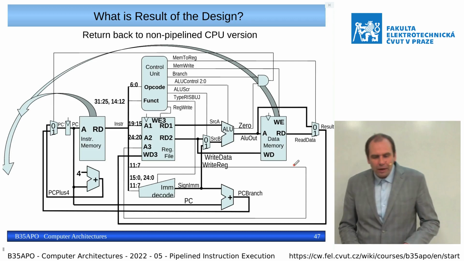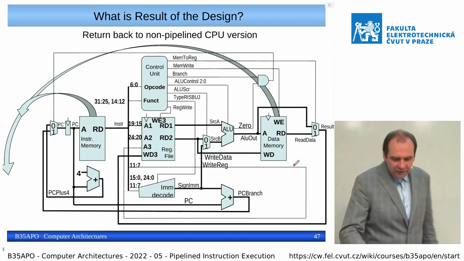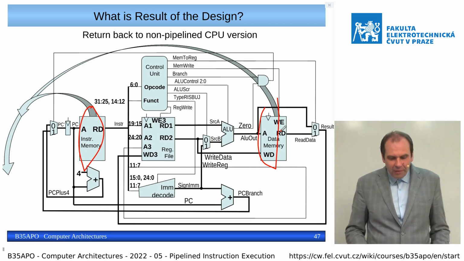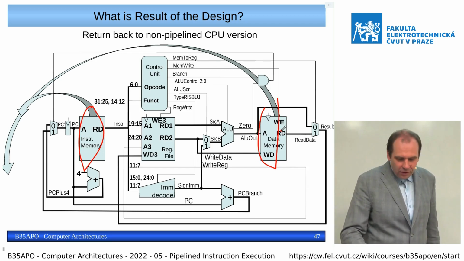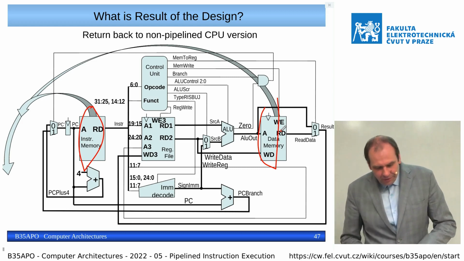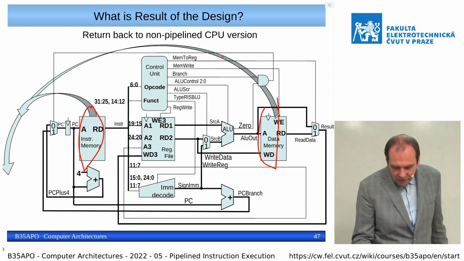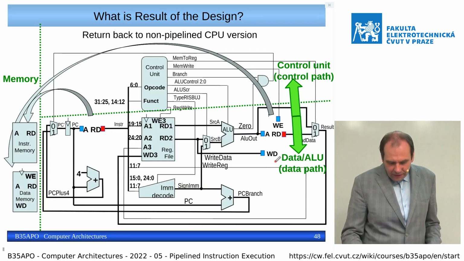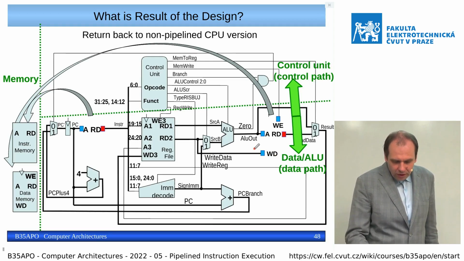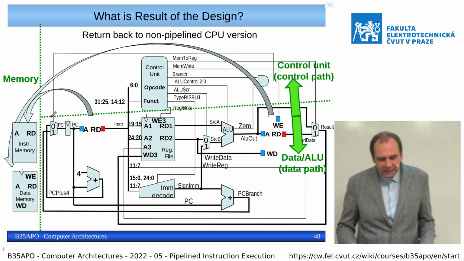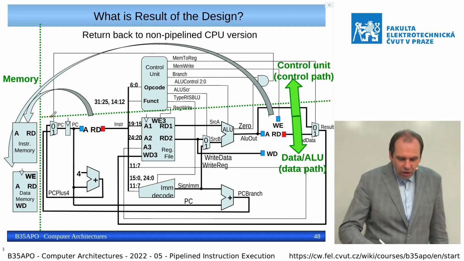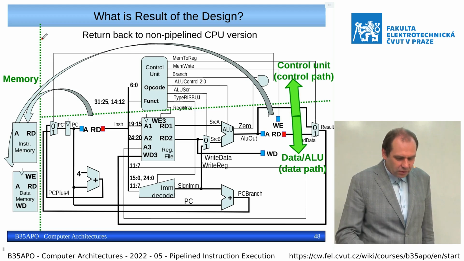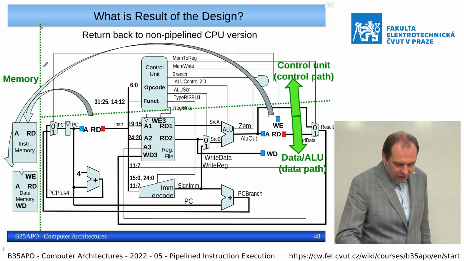If we look at our design, with the memories for data, instructions and so on, and even at the original non-pipelined design, we can put away the memories and divide the CPU into the parts which we have seen in the original concept of von Neumann, an almost 80 year old or even older architecture design of the CPU.